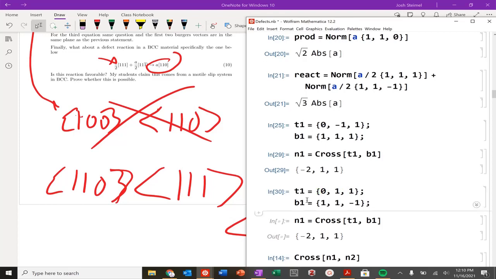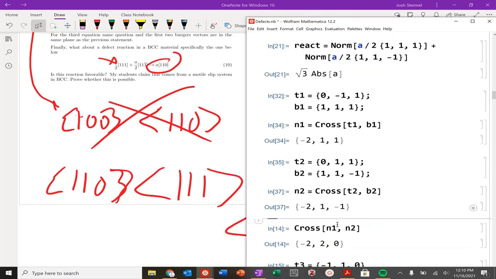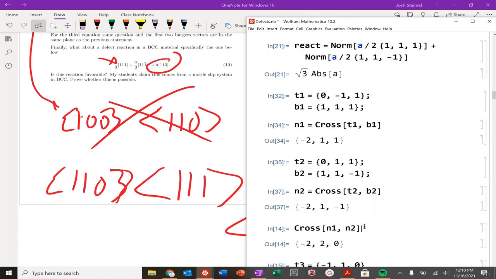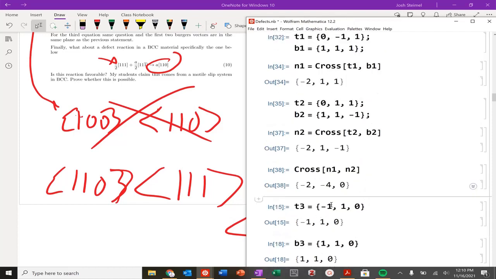That would give me a dot product of zero. So I can now cross N1 and N2, and I essentially get that value. So either way, we are not in that slip system. We are at something actually completely different.